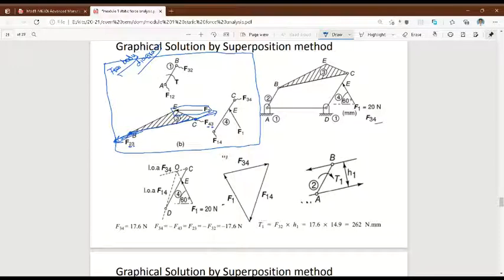Now take the fourth link, and we are going to draw the force polygon for that. First the line of action we have to draw. So take CD.